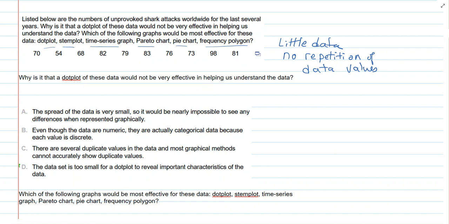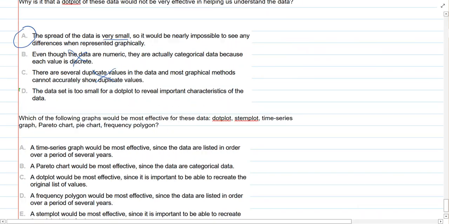Well, first off, it's too small a database. Okay, so the spread of the data is very small. Yes, it is. So it would be nearly impossible to see any differences when represented graphically. Even though the data are numeric, there's actually, no, that one's wrong. There are several duplicate, nope, there's no duplicates. It's too small for a dot plot to reveal important characteristics of the data. The closer of it is the A. Yes, the D sounds good as well, but for me, it's the A.